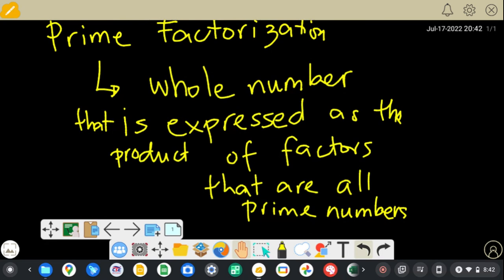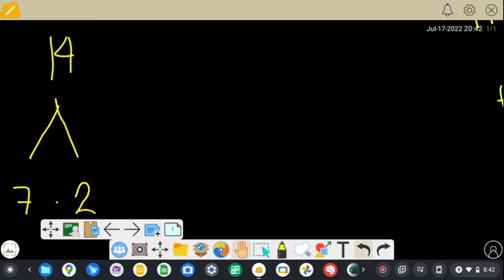numbers. For example, if we have 14, 14 can be expressed as the product of 7 times 2. So the prime factorization of this is 7 times 2.